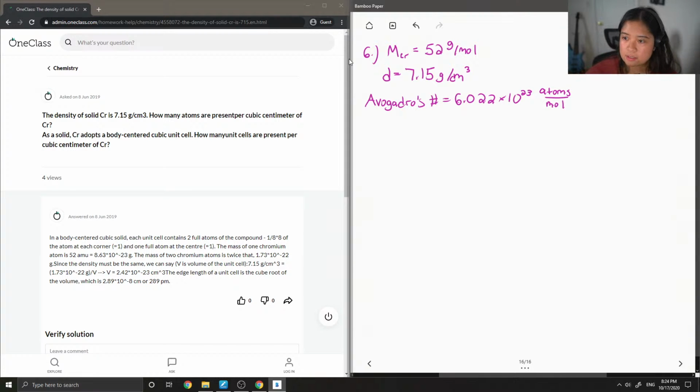Okay, so next, for part A, all we have to do is to solve for the atoms. So all the units need to cancel out somehow. I'm going to write down atoms are equal to the 7.15 grams per centimeter cubed. And then I'm going to multiply this by Avogadro's number.